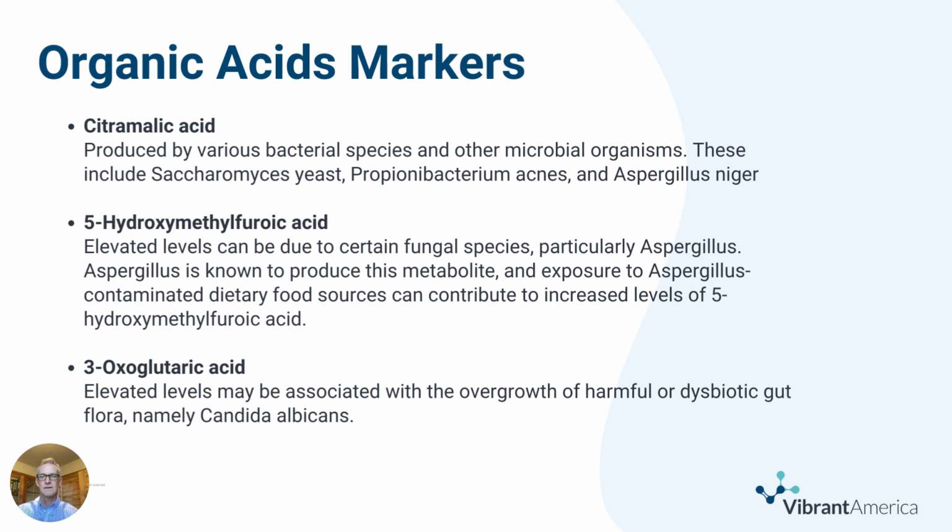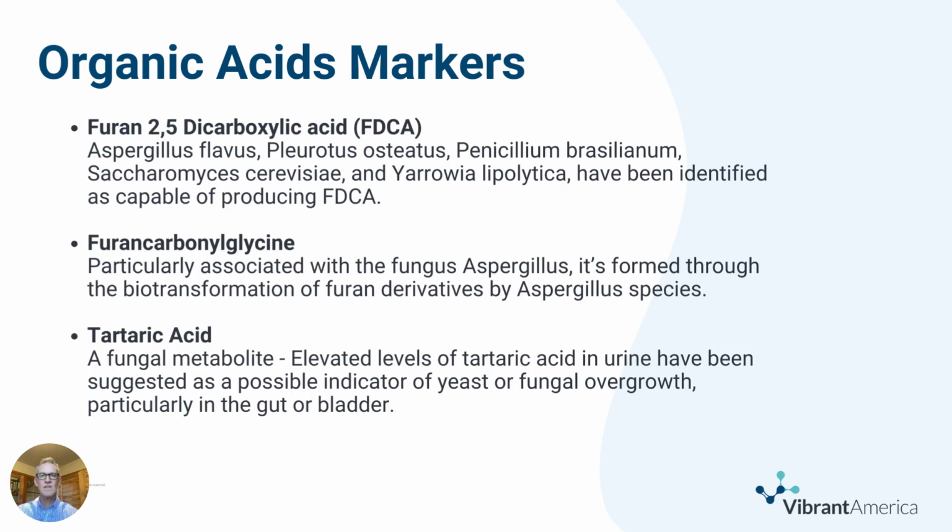3-oxoglutaric acid, associated with dysbiotic bacteria, and namely Candida. So this is a key marker for Candida overgrowth. Next one's furan-2,5-dicarboxylic acid, also Aspergillus, Pleurotus, Penicillium, Saccharomyces, several different fungi and bacteria can produce this one.